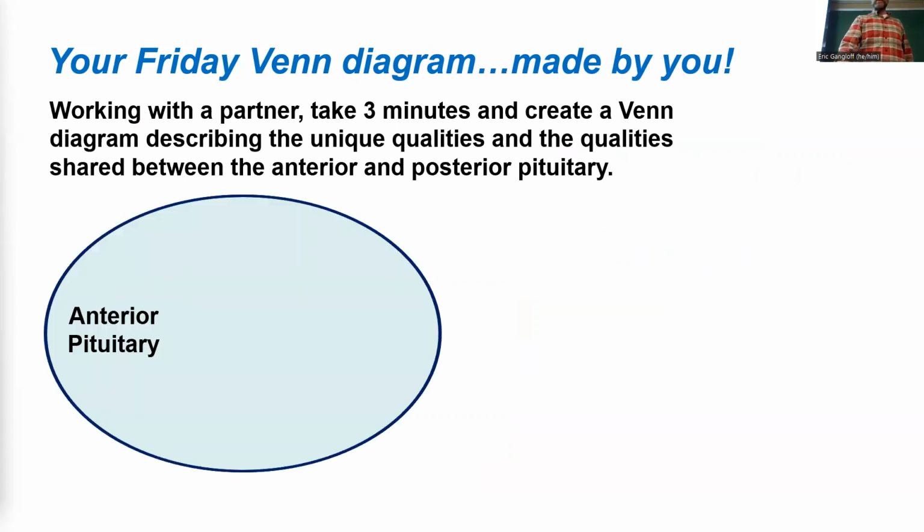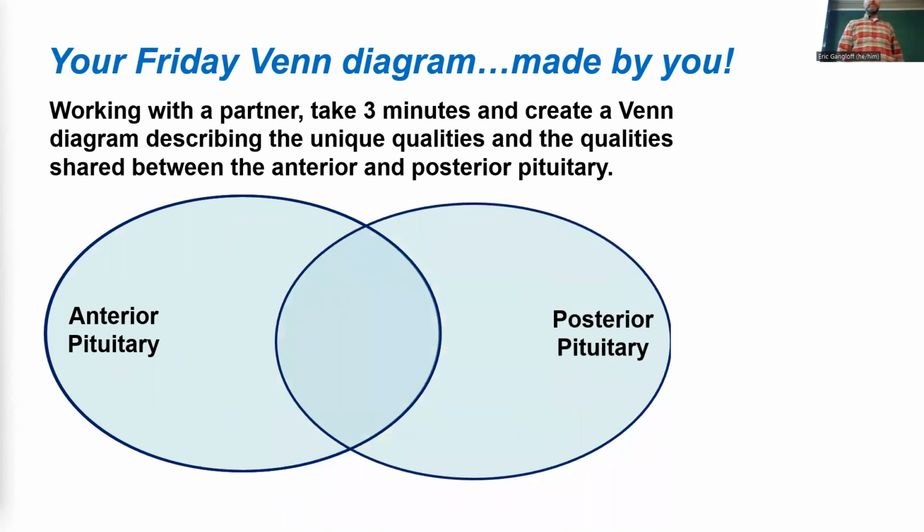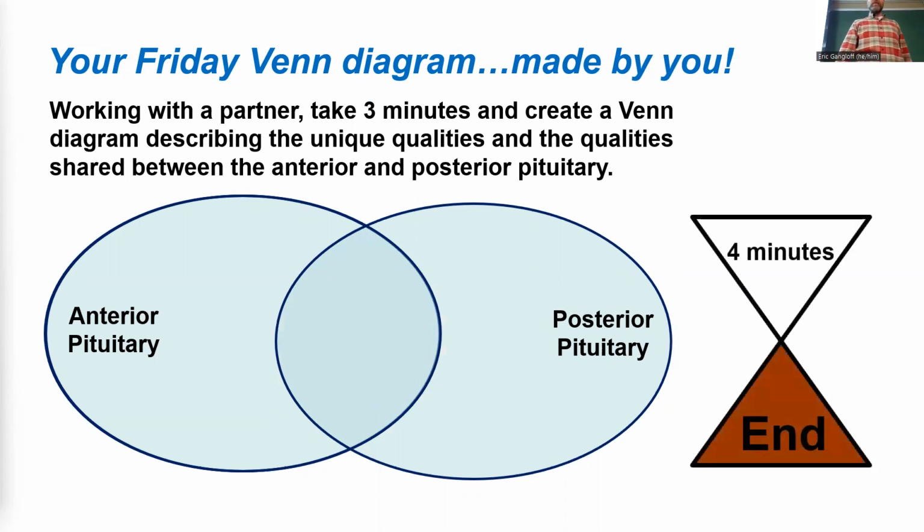So you're going to create a Venn diagram that's going to look like this: anterior pituitary, posterior pituitary. There's obviously some similarities, obviously some differences, and you can work in a small group. And actually, I have a timer for 4 minutes here. So we'll do that to get started, and we'll debrief that and see what you've got there.